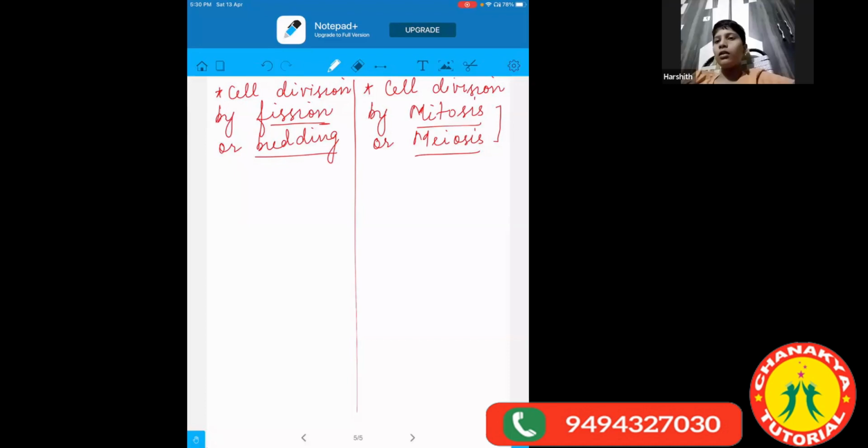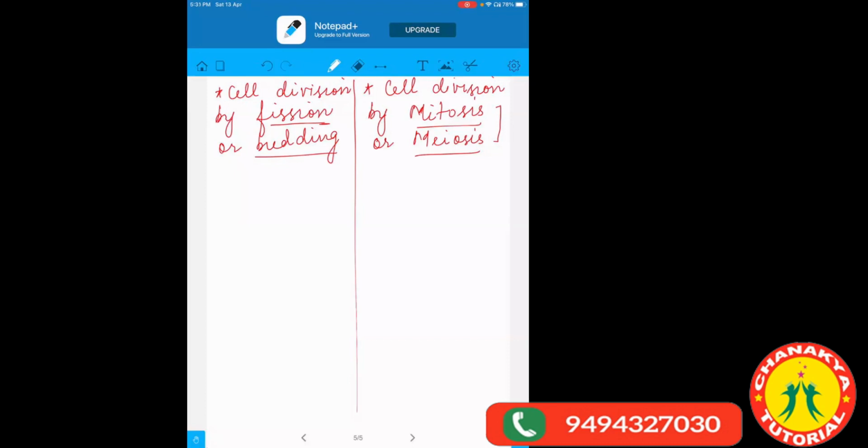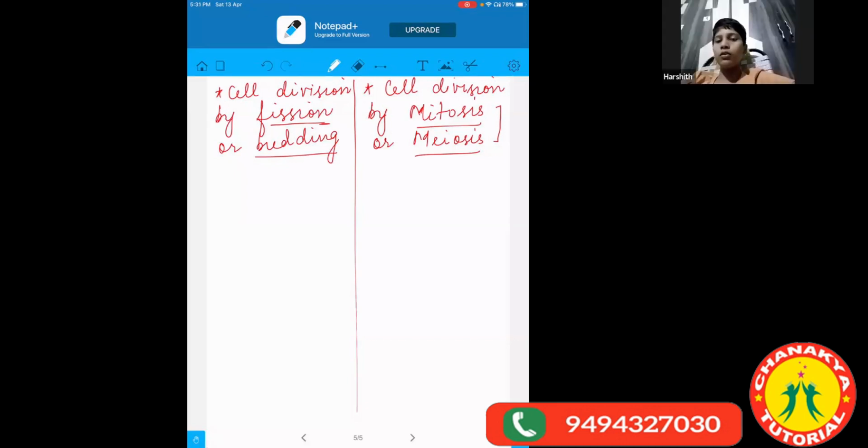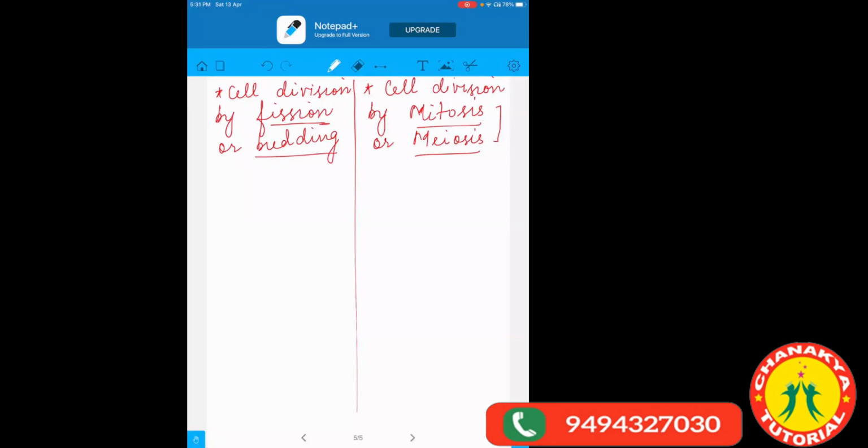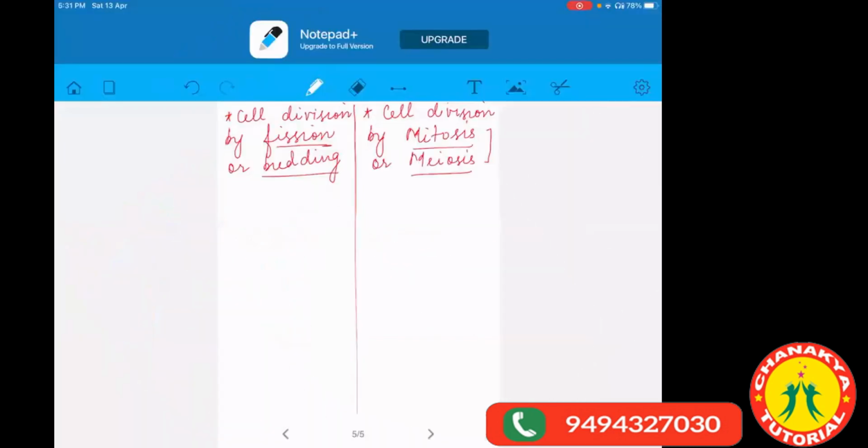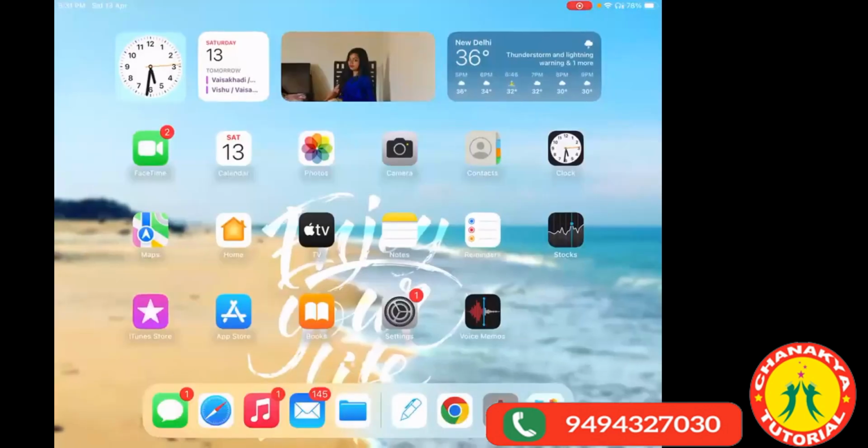Ma'am, actually, I have been taught about spore formation in amoeba. Ma'am, I think spore or cyst, something, I don't know. Yeah, that is actually the multiple fission. Cyst is basically regarding your plasmodium.